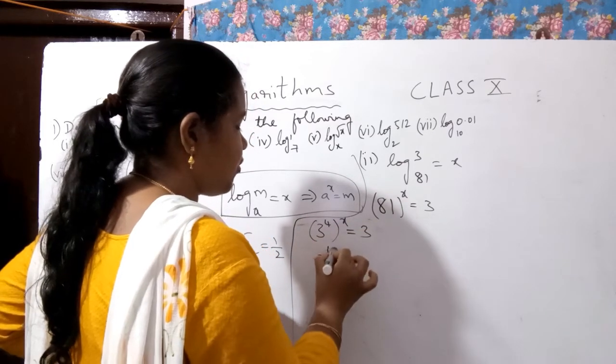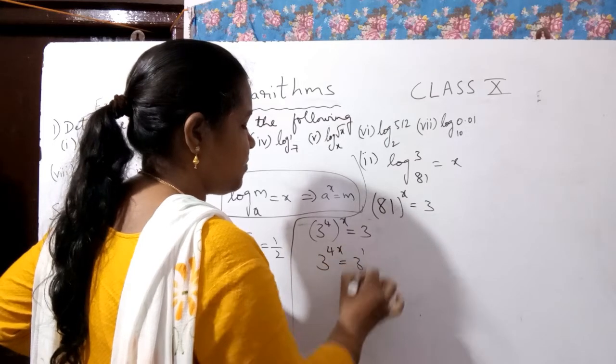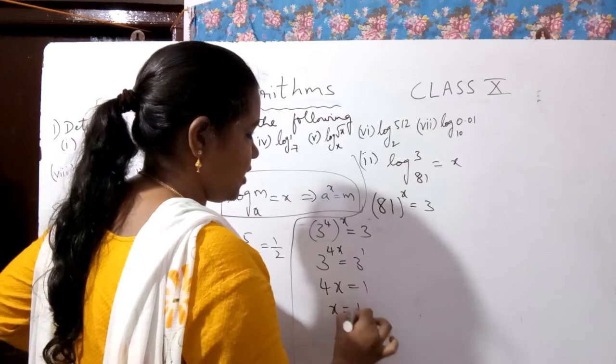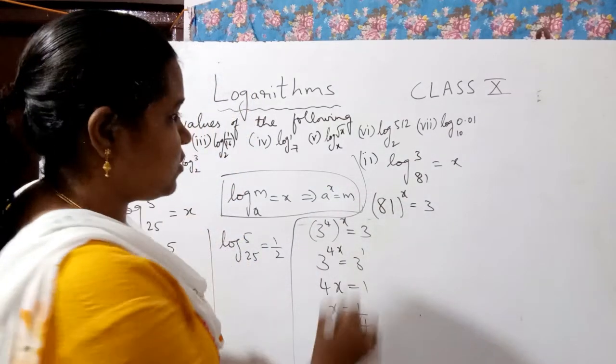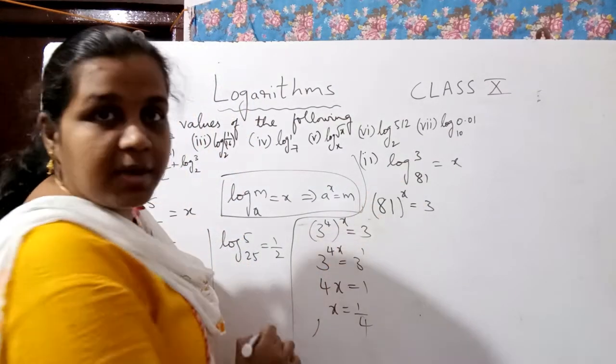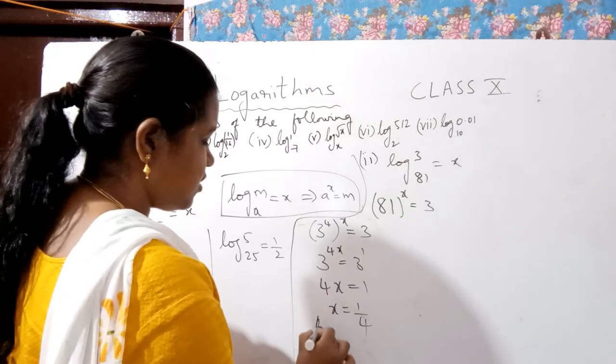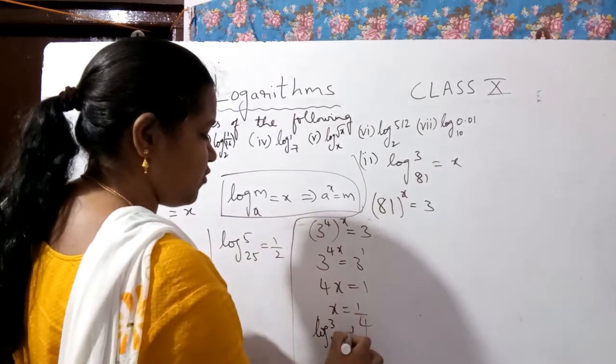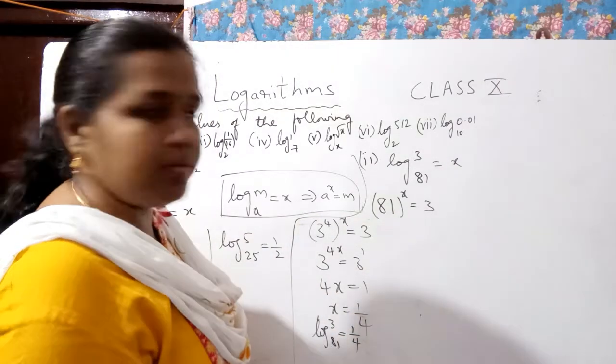That is 3 power 4x is equal to 3, that is 3 power 1. So I'll get 4x is equal to 1, so x is equal to 1 by 4. So log 3 base 81 is equal to 1 by 4.